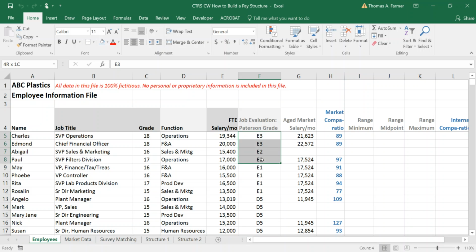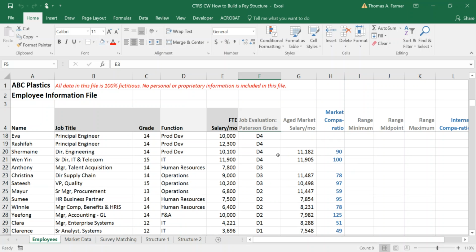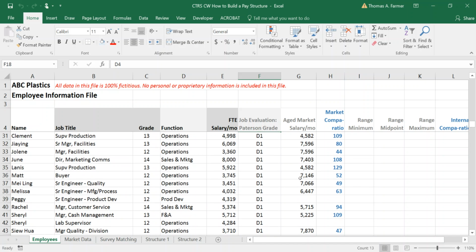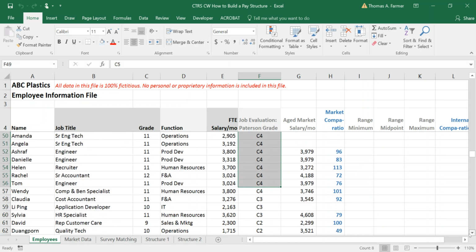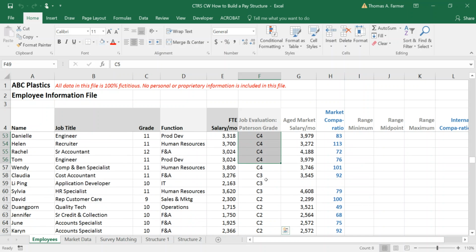E band are strategic level jobs. The D band are generally middle managers and some very senior professionals. The C band would include professional roles at the upper C grades, C4, C5.